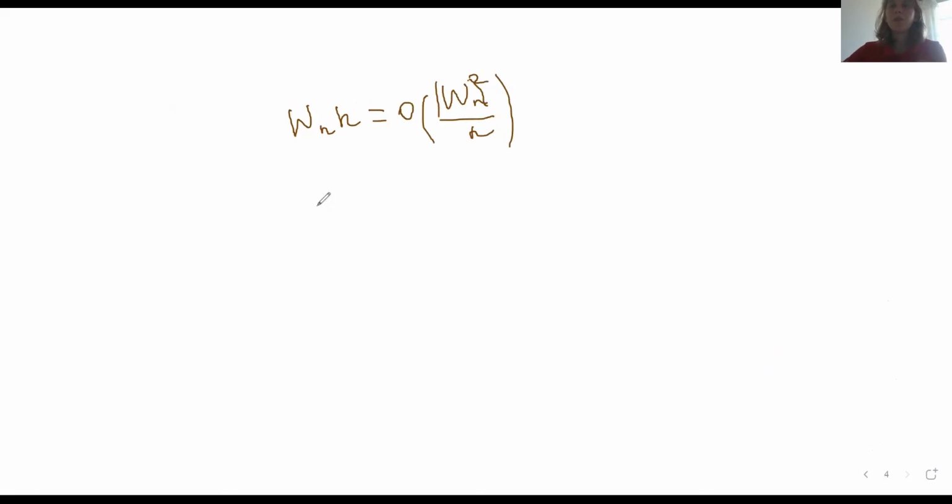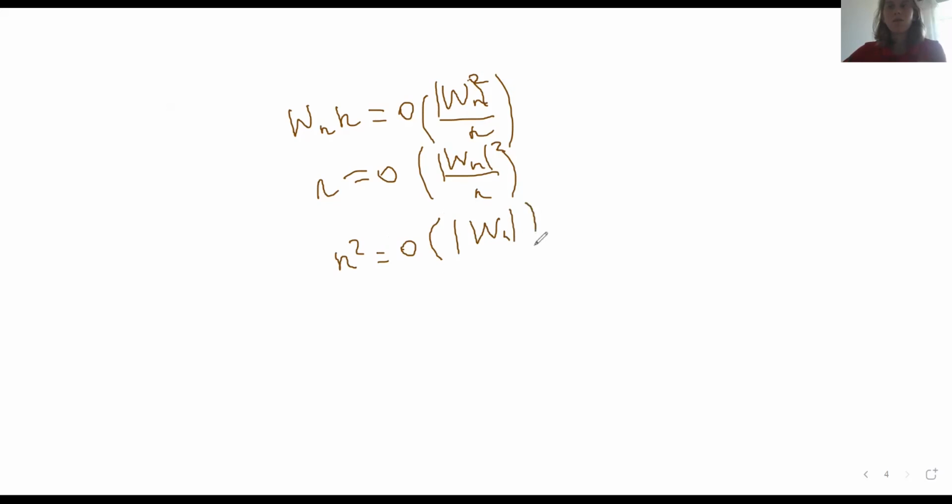And how can we prove it? It's the same as proving that n is less than Wn divided by n, which is the same as proving that n squared is asymptotically less than Wn.